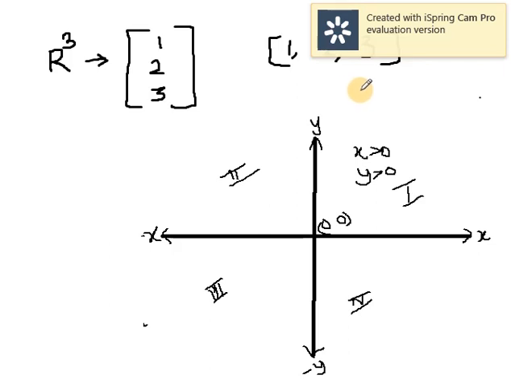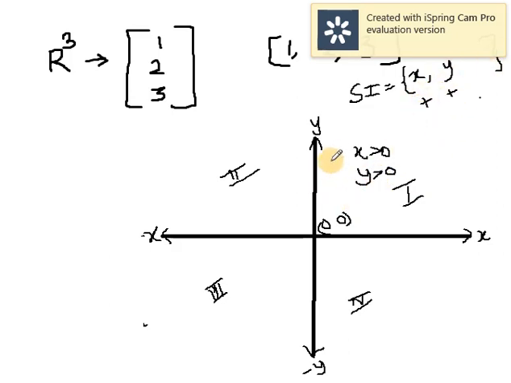Let's say the subspace, the first quadrant, is the set of x and y where x and y are positive, and it includes 0 also, as it has to satisfy the property of addition.